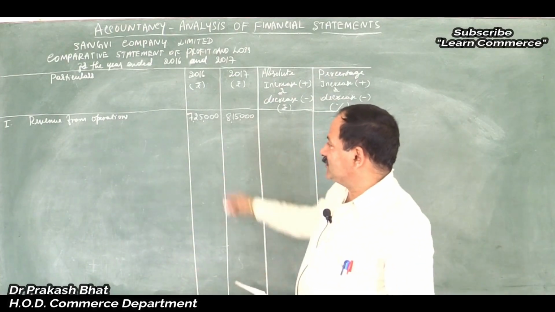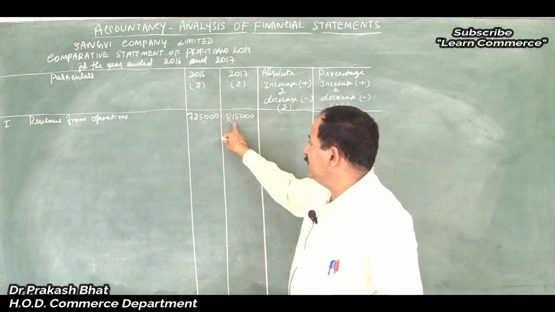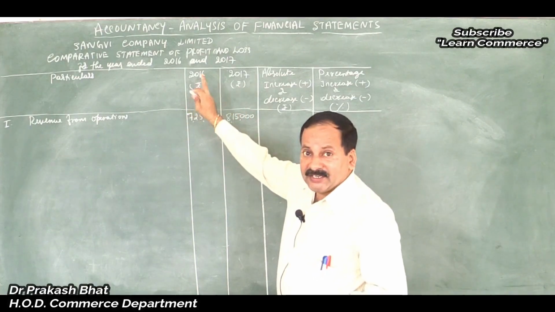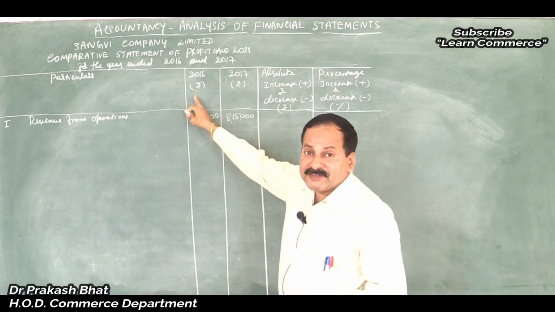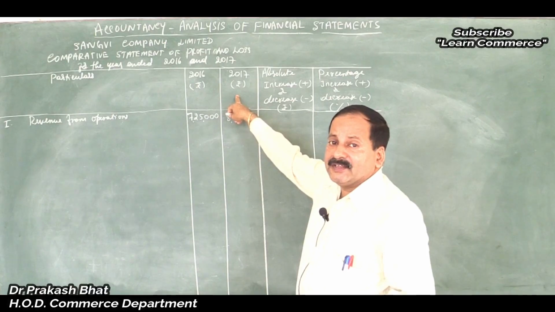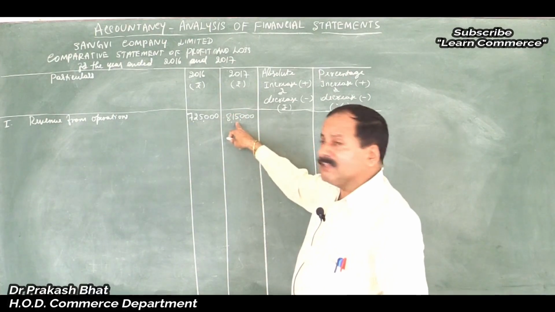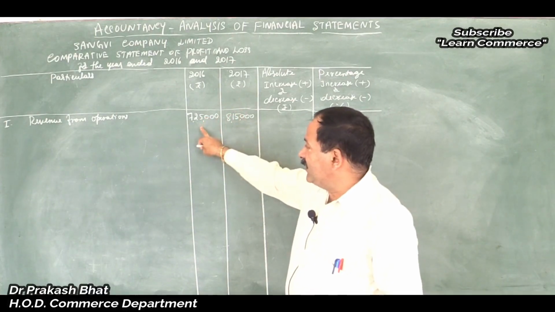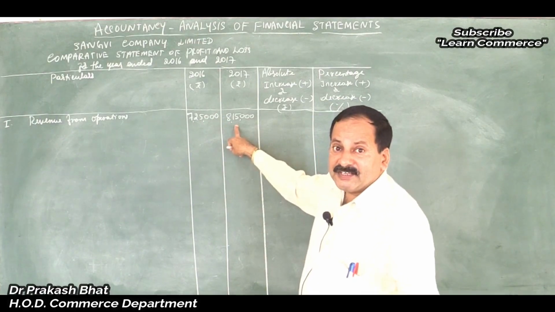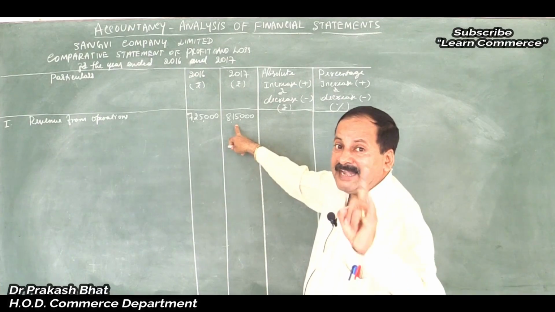Now, what you have to do is see whether there is increase or decrease during the current year compared to the previous year 2016. Here there is an increase, am I correct? It was 7,25,000, now it is 8,15,000. That means there is an increase of rupees 90,000.